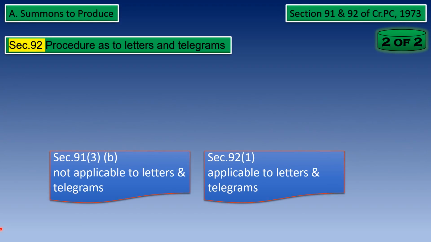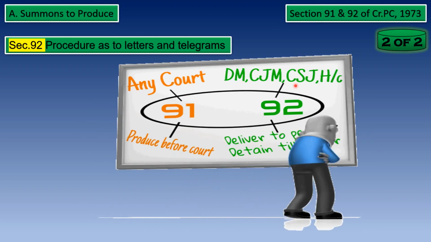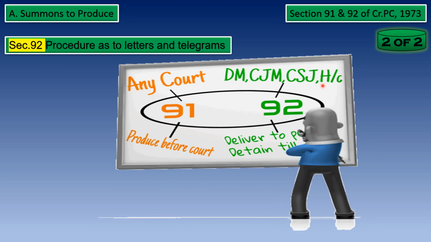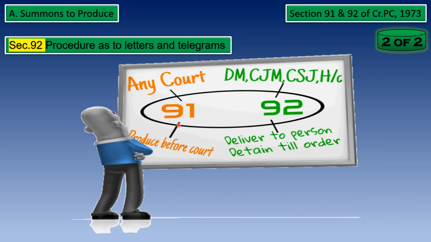Section 91 says any court, whereas section 92 says district magistrate, CJM, court of session judge or high court. Section 91 says to produce before the court a thing or a document.